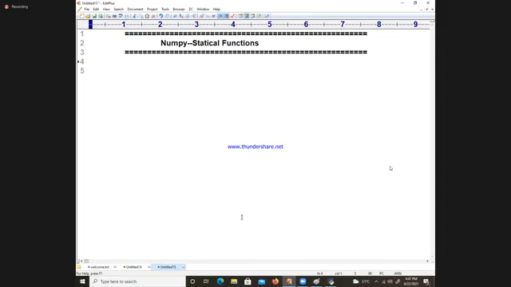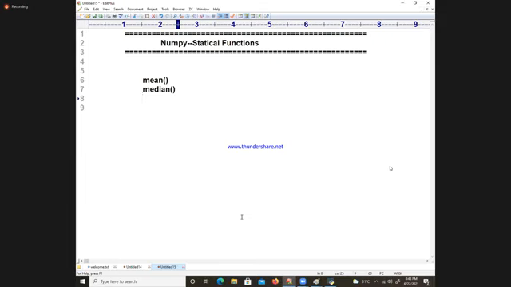Statistical functions, maybe you are aware of them. For example, mean. Have you heard about mean? In our childhood days we used to do mean. Median is one more.